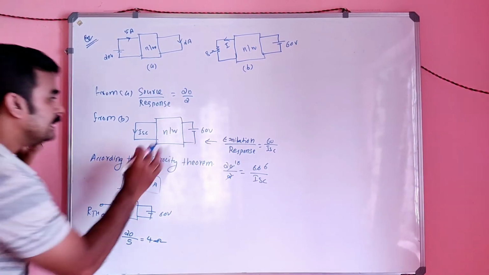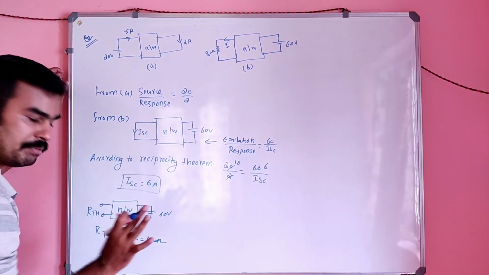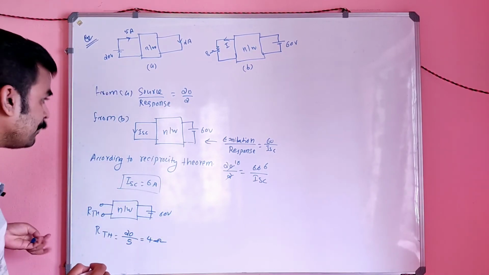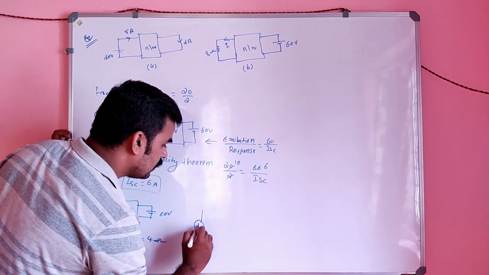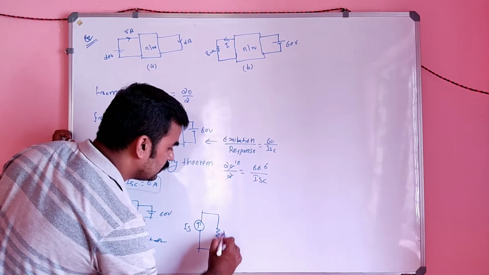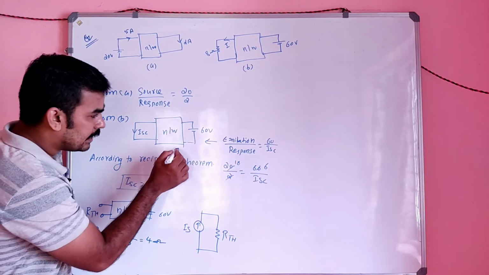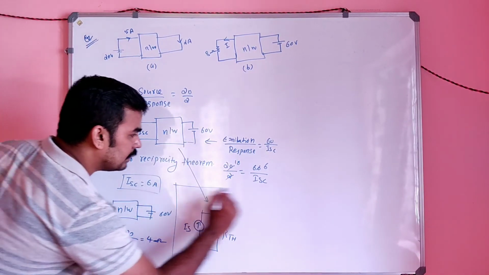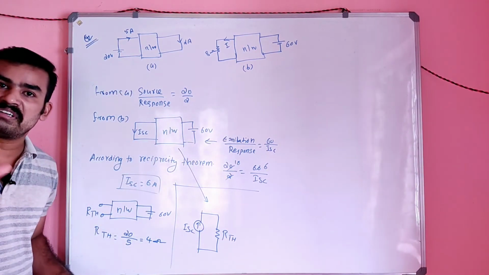That means this circuit can be represented like ISC in parallel with R Thevenin. That is nothing but Norton theorem.